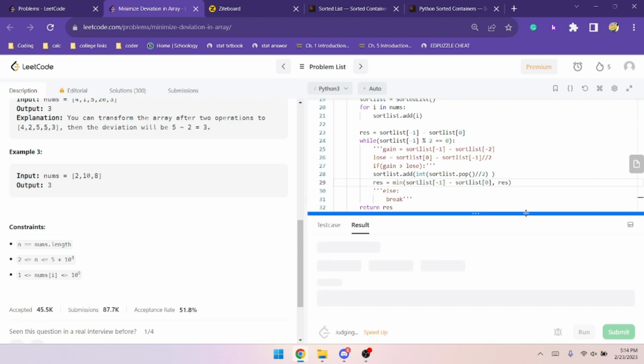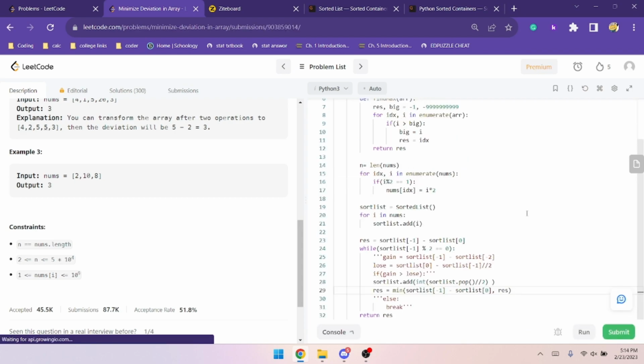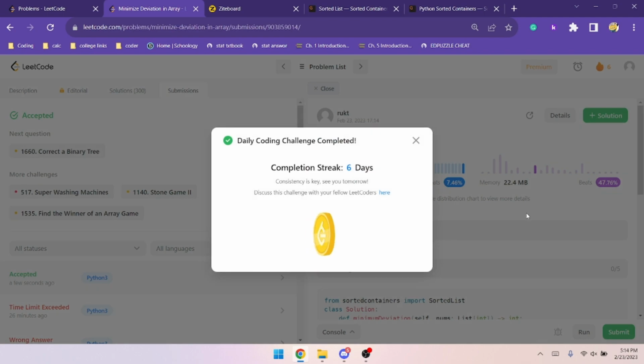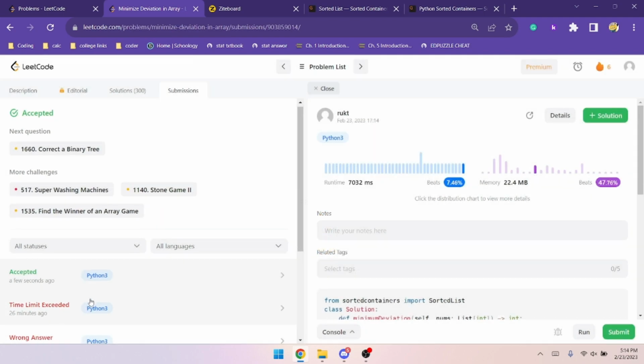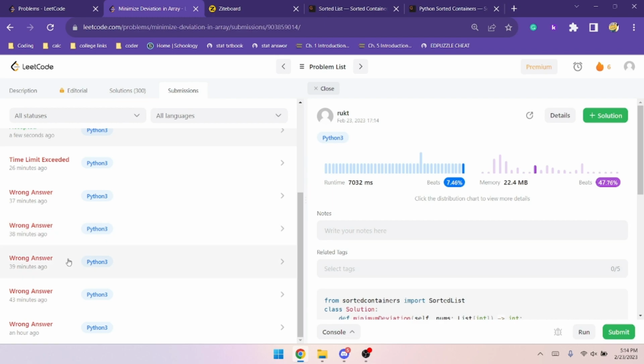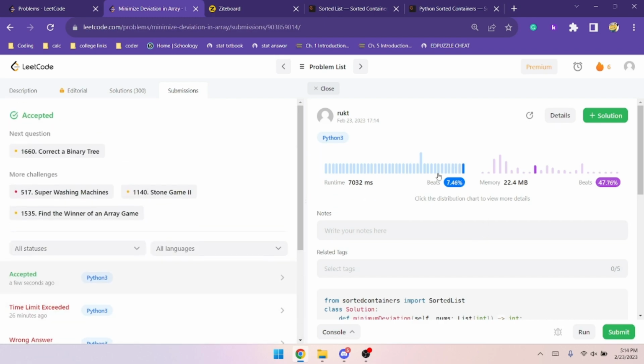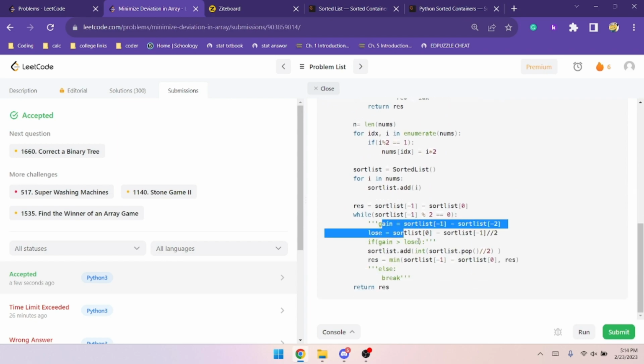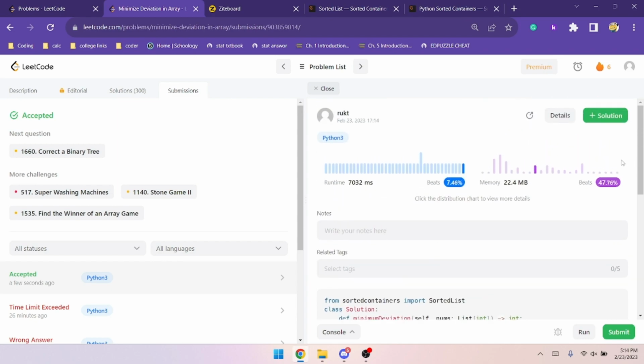Okay, let's run it. If I always let it through, and then I just store the minimum value. Okay, I did it. Only took 1, 2, 3, 4, 5, 6 wrong answers in a whole hour. But I did it. It's actually a really hard question.